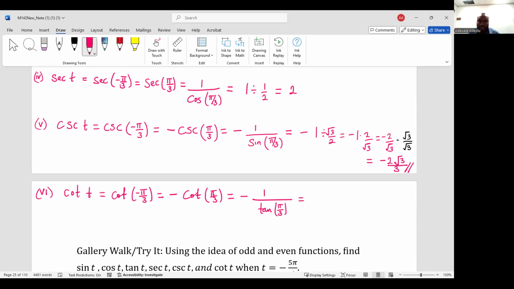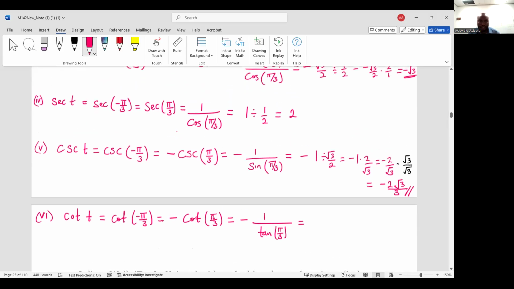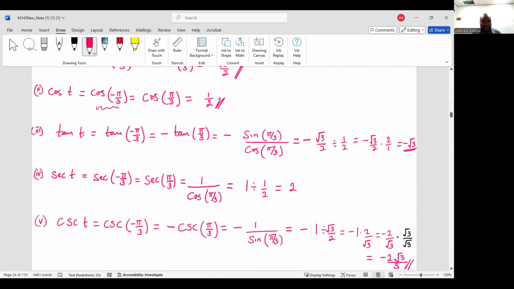have we found tangent of pi over 3? Okay. What we can do is, let's see, we do not make a mistake here. Do not use the answer here because this is actually tangent of negative pi over 3, right?